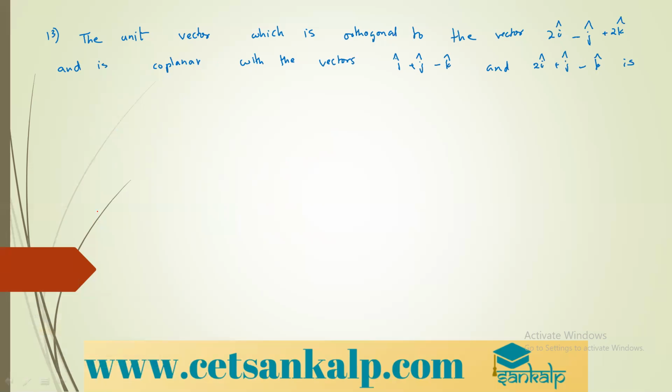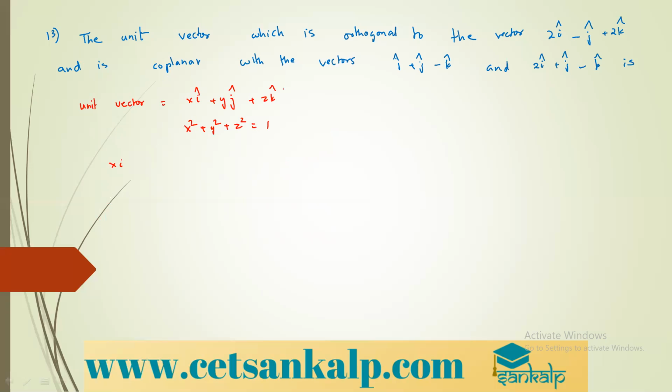There is a lot of information given here which we have to extract. So what is said is we have to find the unit vector. Let the unit vector, to avoid confusion, be xi plus yj plus zk. So we will have x square plus y square plus z square equal to 1.